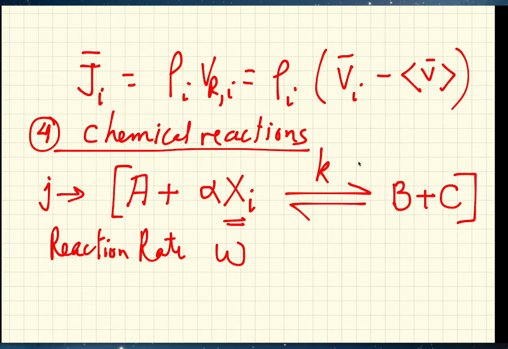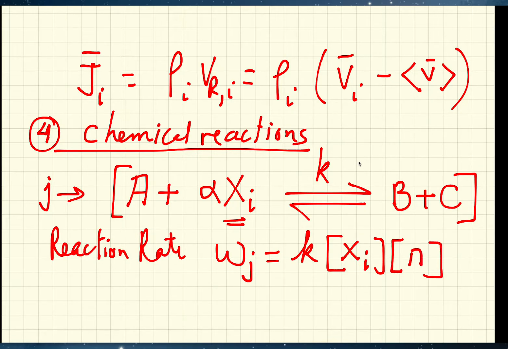So the reaction rate for this reaction J, or for this chemical formula J, we're going to call omega sub J, and it's equal to the reaction rate constant times the product of the concentrations of the reactants.